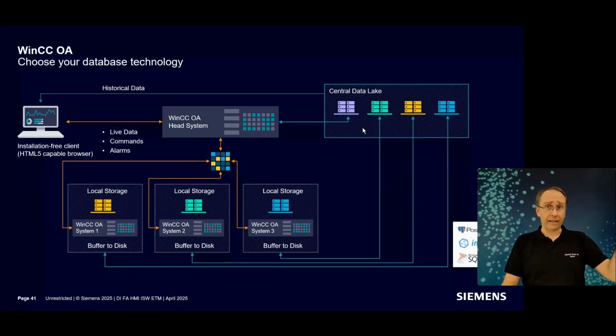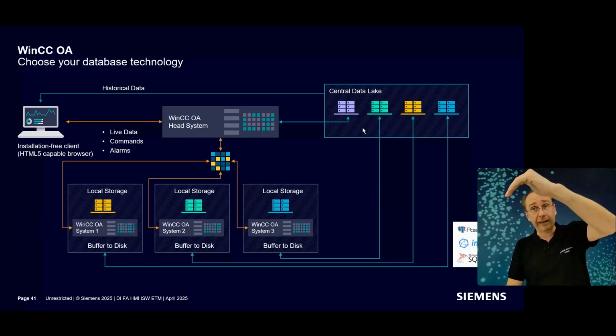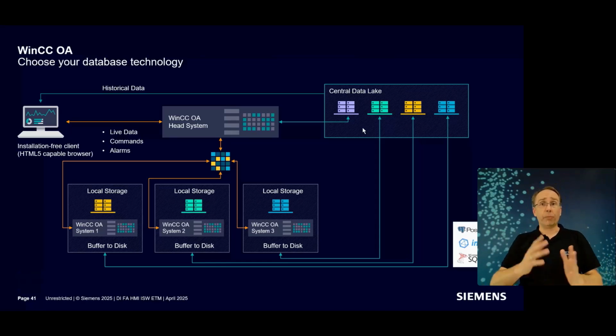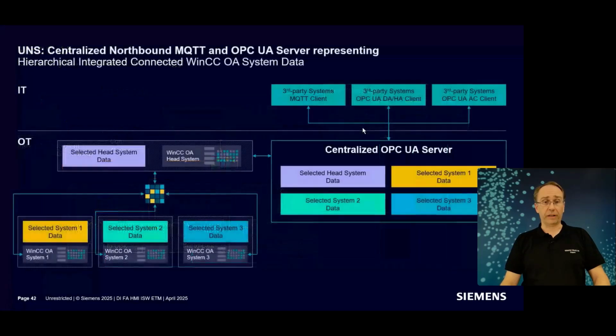And then, of course, the user interfaces in your main control center would directly get the data from your central data lake and not go via the network connection to the detailed individual systems. But if you start the user interface there, of course, it uses the local data. So that is the idea of having a completely flexible historical storage for all the data that you need.